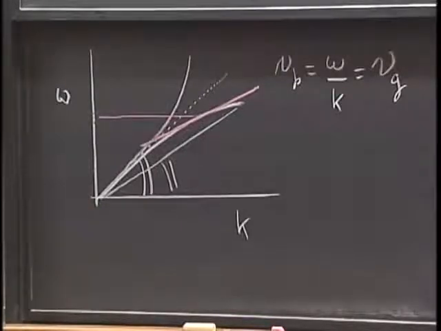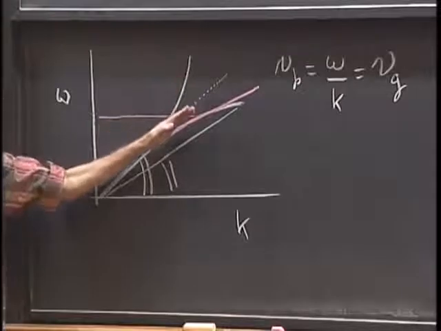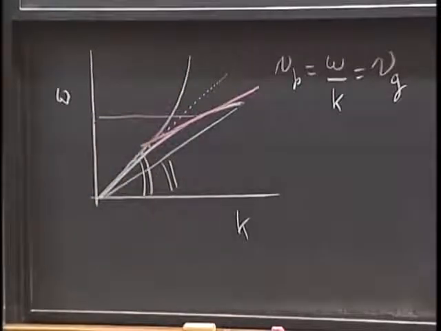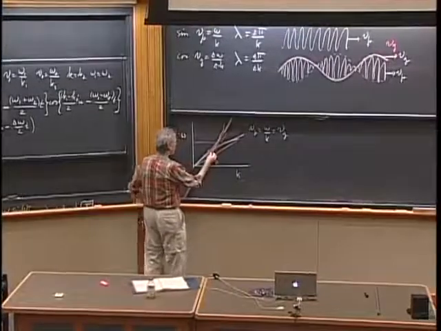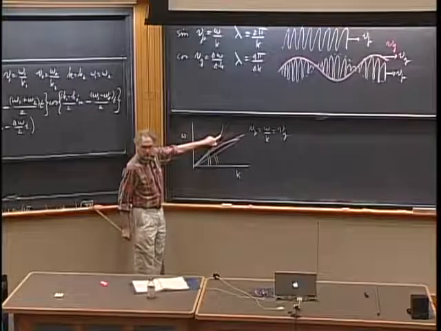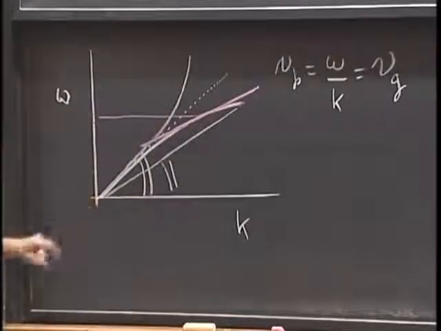So now you have enough knowledge to tell me that at high frequency, the phase velocity is higher than at low frequency because the slope is higher. You also can see that the group velocity at high frequency, which is the tangent, is higher than the phase velocity. Pick any point here, and you will see that the tangent has a higher slope than the line straight through here. So the group velocity at any point is larger than the phase velocity.